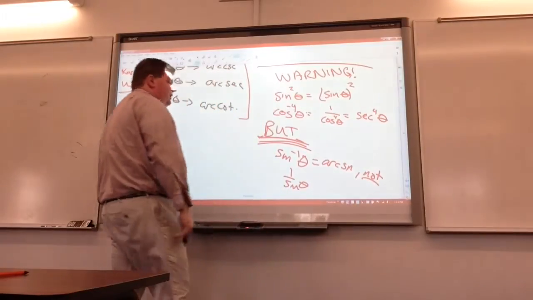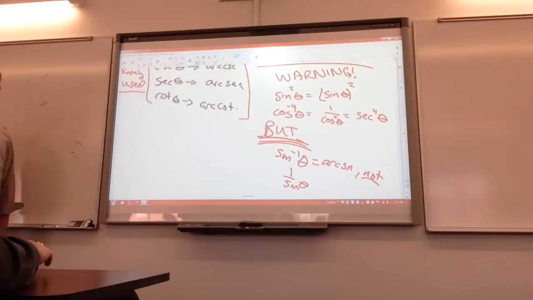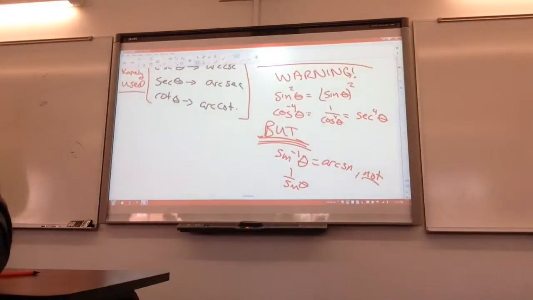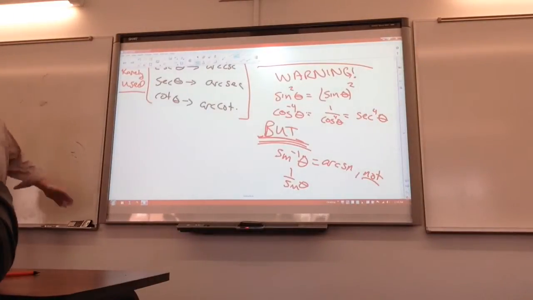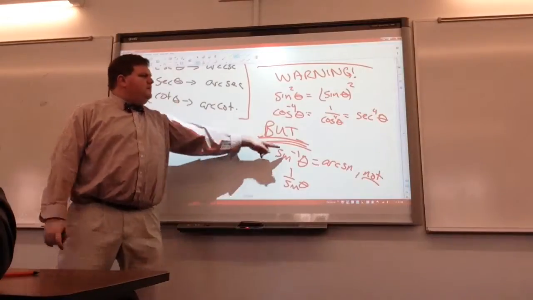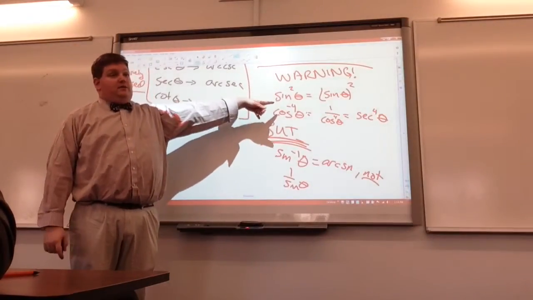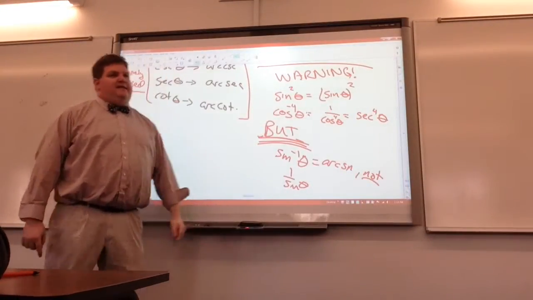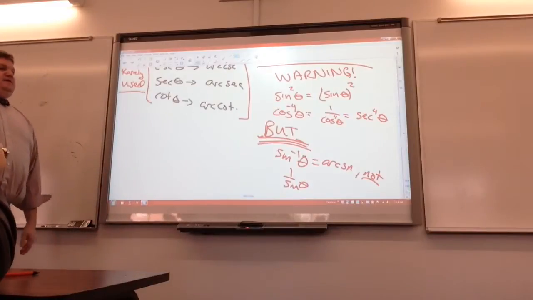So that's why I don't necessarily like the notation of the sine with the -1 up there, because in every other case, the exponents mean exactly what they normally mean. But in this one particular case, it means something different.